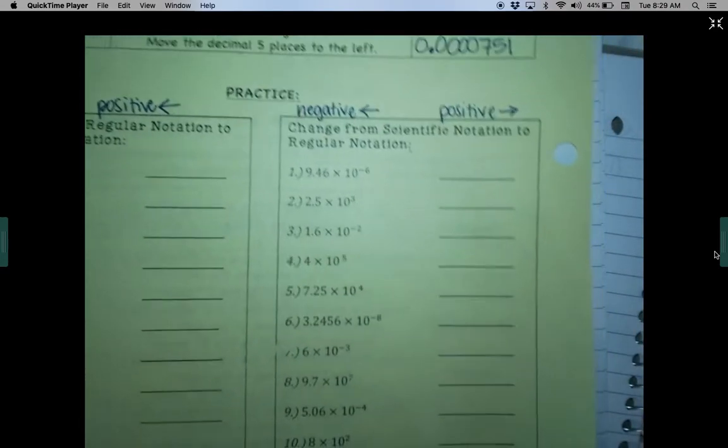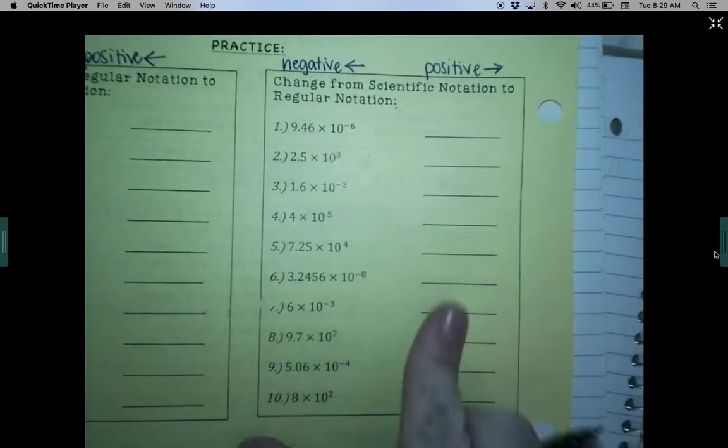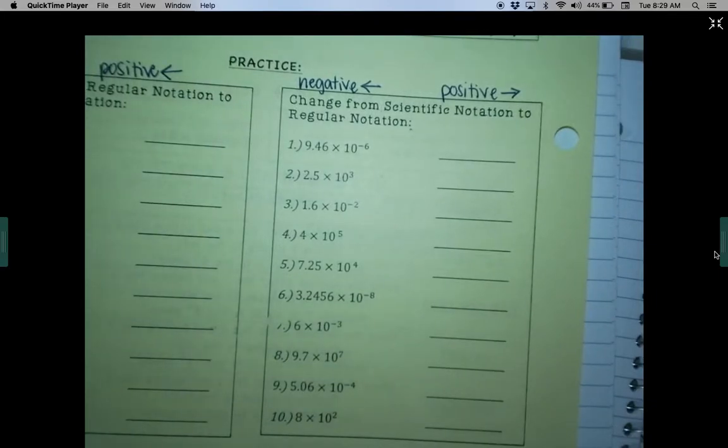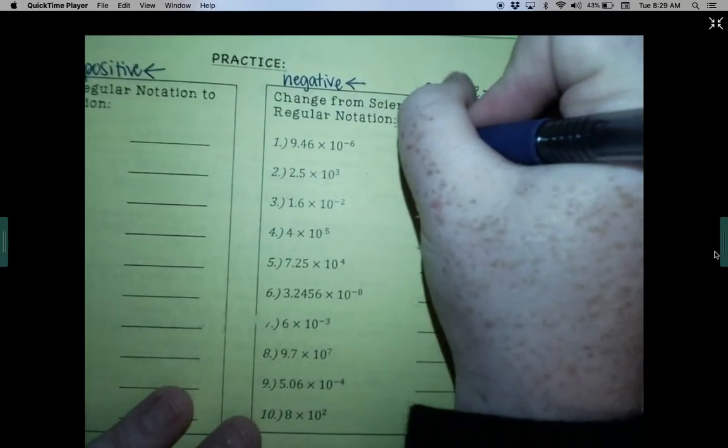Okay, so what I want you to do with your team, I want you to do these 10. Let's start with 10 minutes and see how we're doing, and then we'll check ourselves. Okay, so work with the people around you. If you need to move your bodies, that's fine with me.